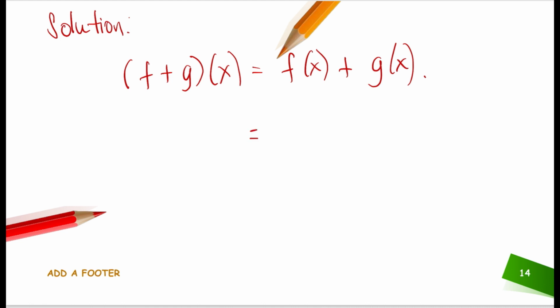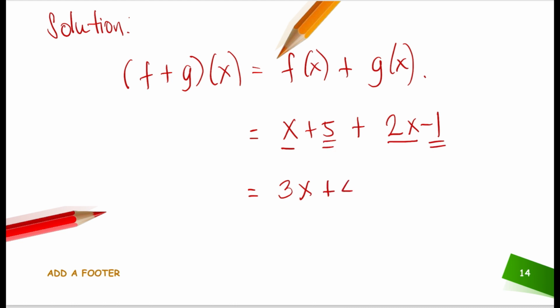So replacing f of x equal to x plus 5 plus g of x equal to 2x minus 1. Then by performing operations, let's combine x and 2x. That is now 3x. Combining 5 and negative 1, that is plus 4. And this is now the sum of the functions f and g. It means that when you add two functions, the result is also a function.